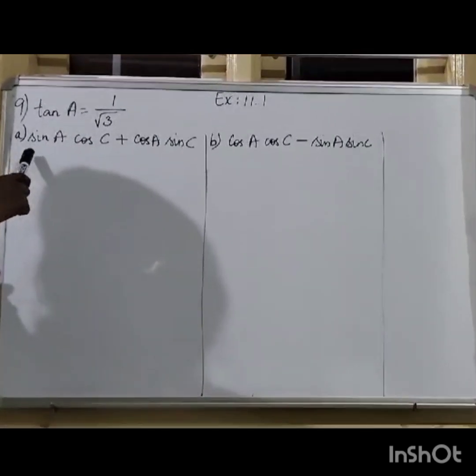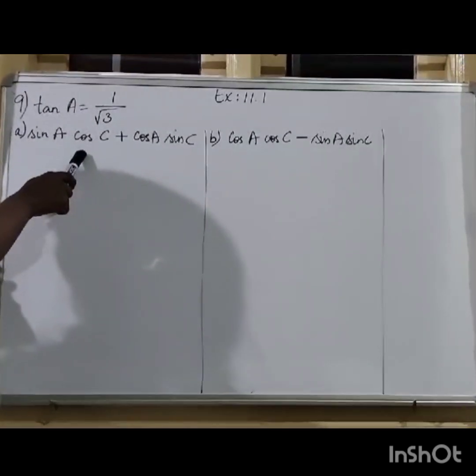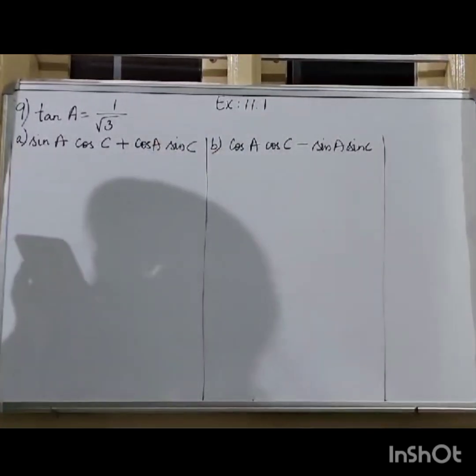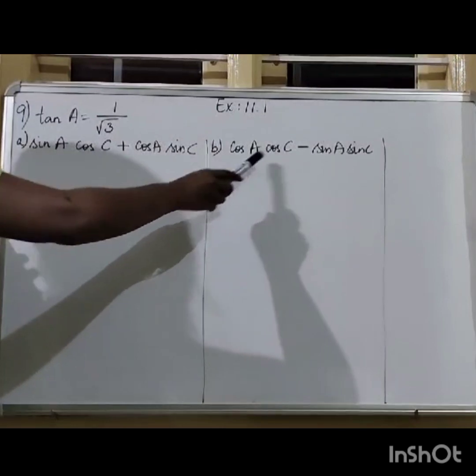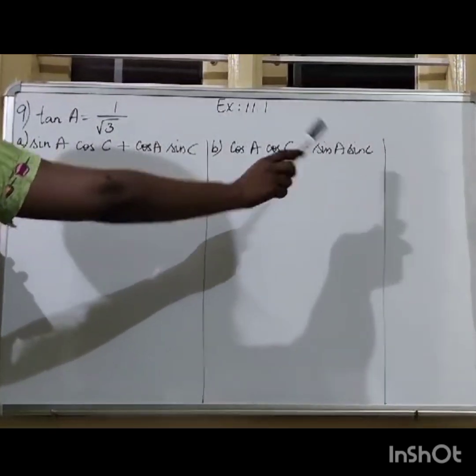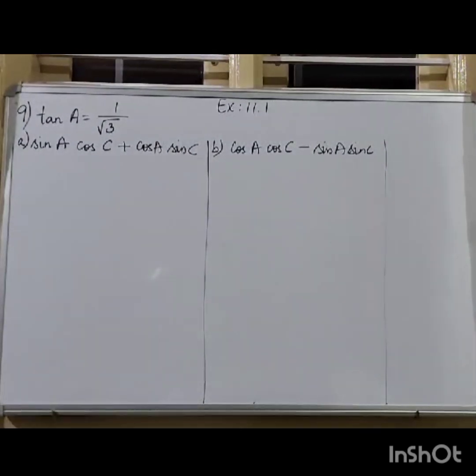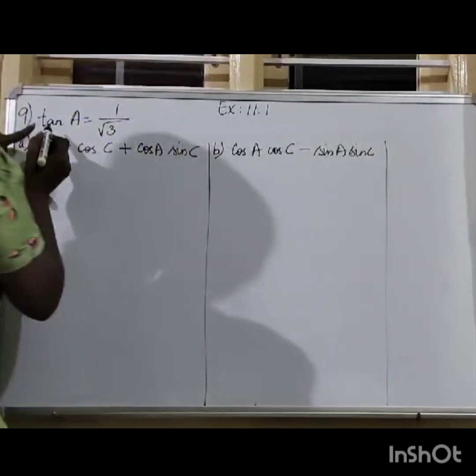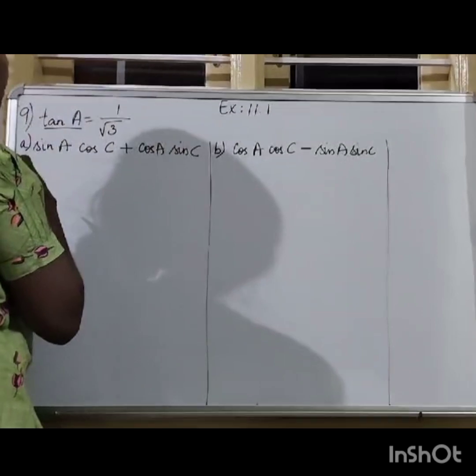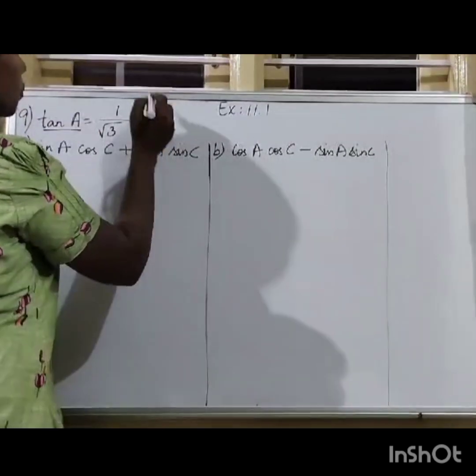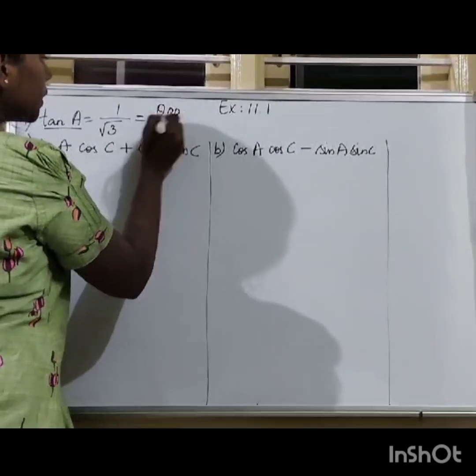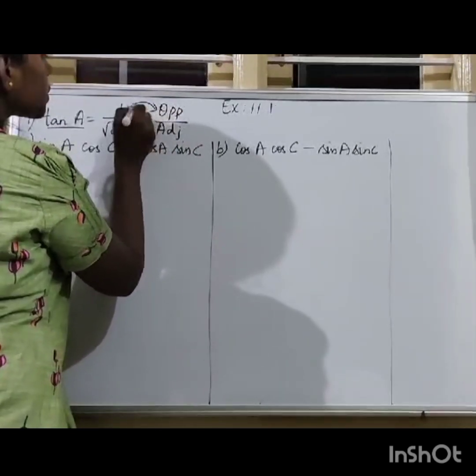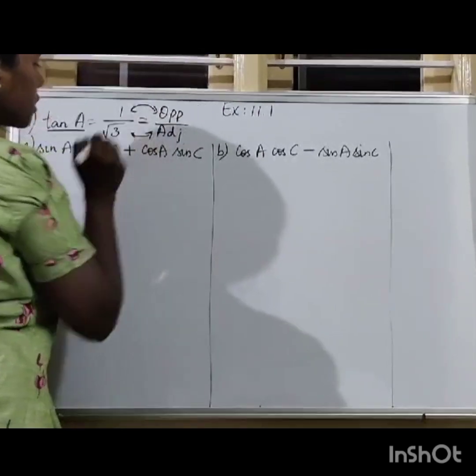Find the value of sin A cos C plus cos A sin C. Second sub question is cos A cos C minus sin A sin C. So now it is given that tan A is 1 by root 3. Ratio for tan is opposite by adjacent. So opposite value is 1, adjacent value is root 3.